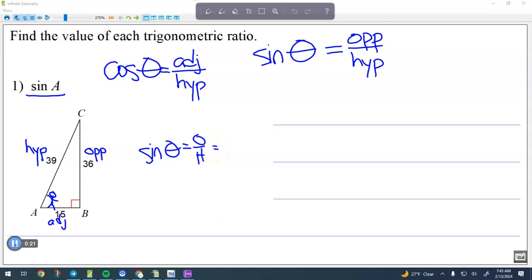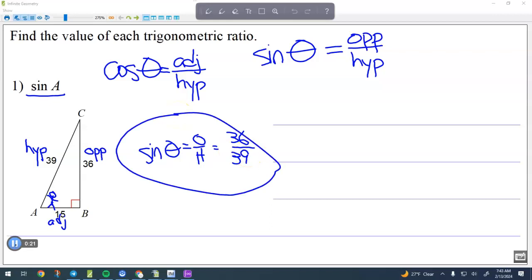That matters down the road. I know today you're going to be like, I can just write blah over blah, but this is for a reason. I can see what's coming, so I'm trying to prepare you for that. And then you just fill in the fraction. The opposite is 36. The hypotenuse is 39. That's your answer.